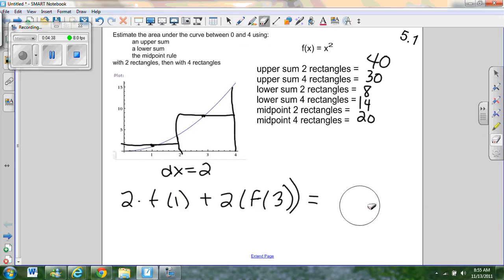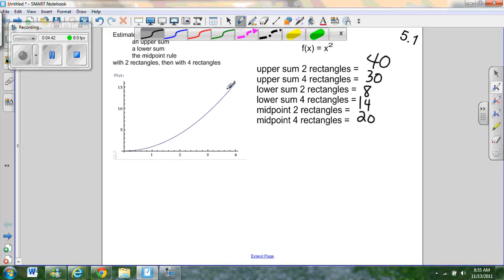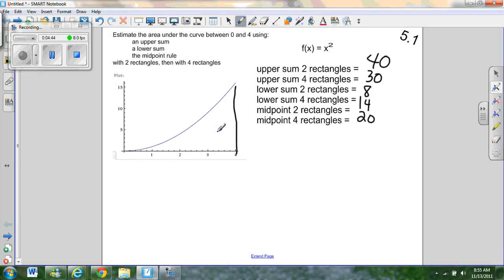So now let's use the midpoint rule with 4 rectangles. So again, we're going to divide this into 4 rectangles. And take the midpoint to be the top of the rectangle.